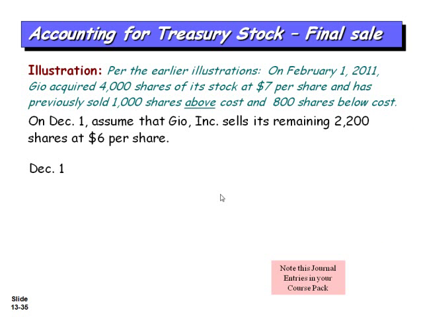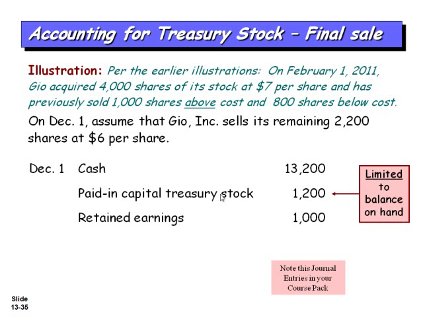Okay, let's say that we're going to sell off the last 2,200 shares, also at $6 a share. Cash will be $6 times 2,200. Let's get these here. Treasury stock credited, 2,200 shares times $7. We're going to use up that remaining balance in paid in capital treasury stock.